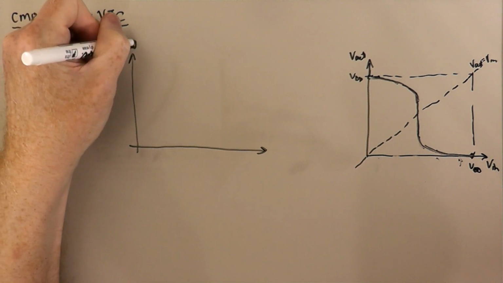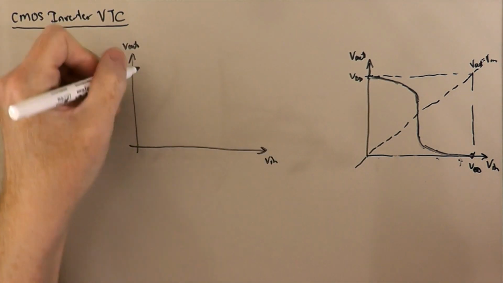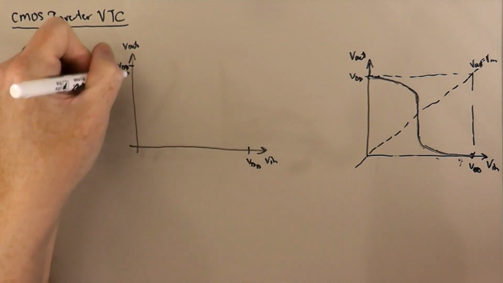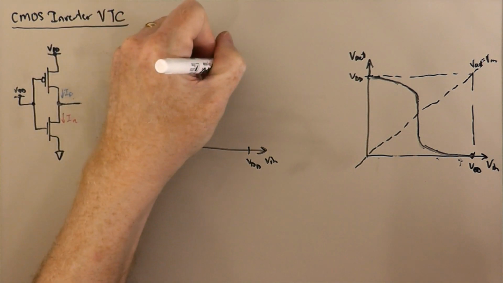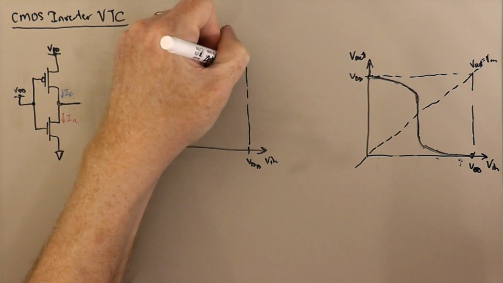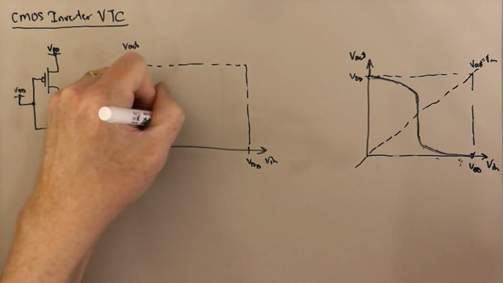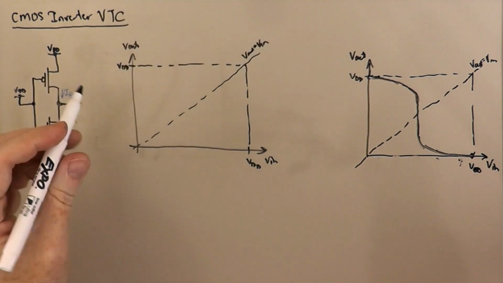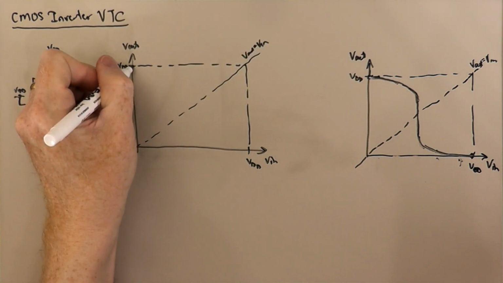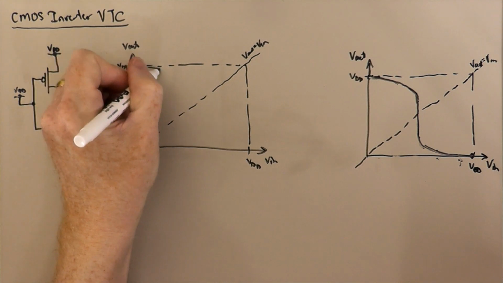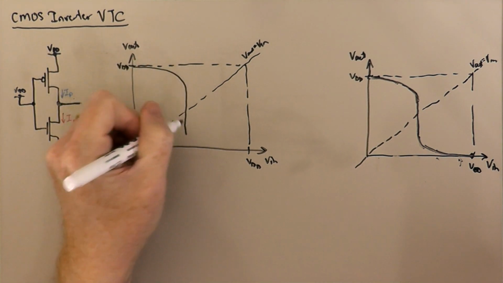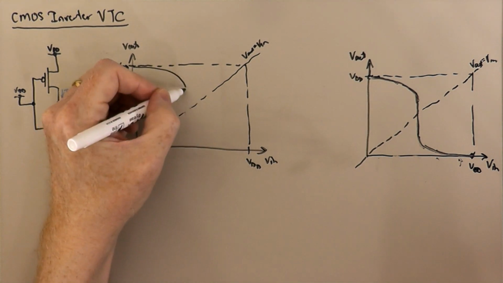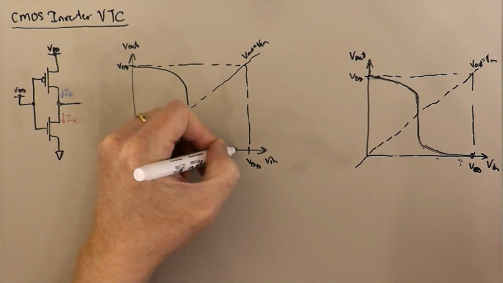So this is V out, V in, VDD, VDD. Here's our box. Here's the identity line, V out equals V in, and then our VTC, which is maybe like, doesn't have a backwards bending characteristic. Let's just say it goes something like that.